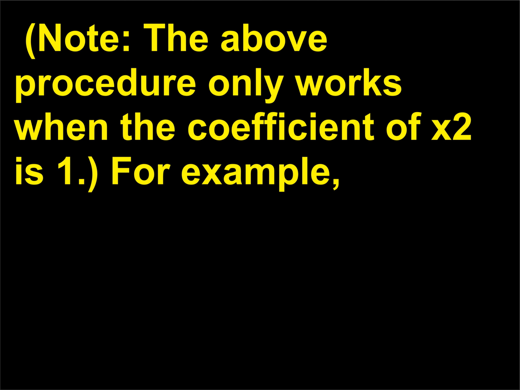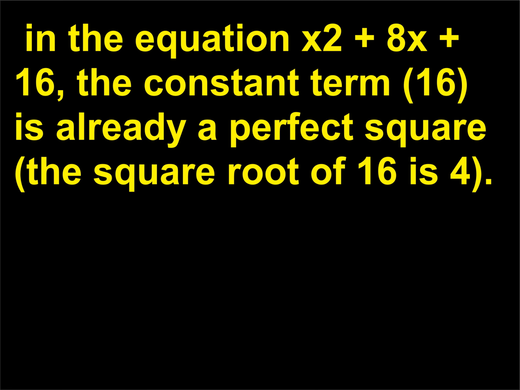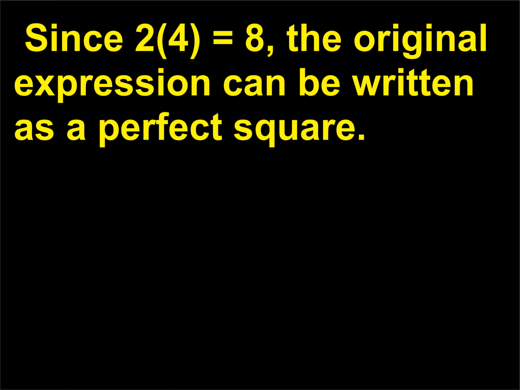Note, the above procedure only works when the coefficient of x² is 1. For example, in the equation x² + 8x + 16, the constant term, 16, is already a perfect square. The square root of 16 is 4. Since 2 × 4 equals 8, the original expression can be written as a perfect square.